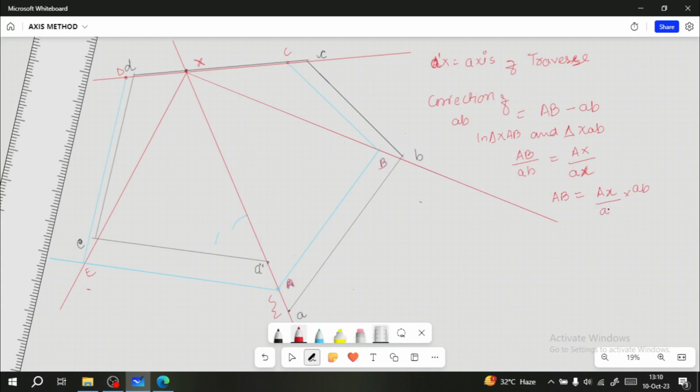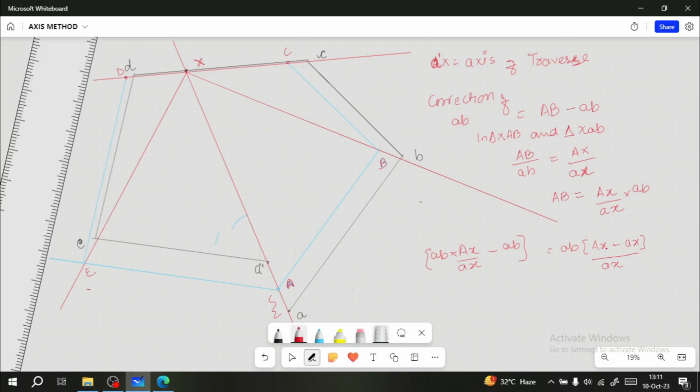Now to calculate the correction for any line, suppose we put this value of AB for the correction of the AB line. How do we calculate the correction? The correction will be the true line AB minus the AB I have drawn, which is the corrected line. Using similar triangles, AX divided by AX.